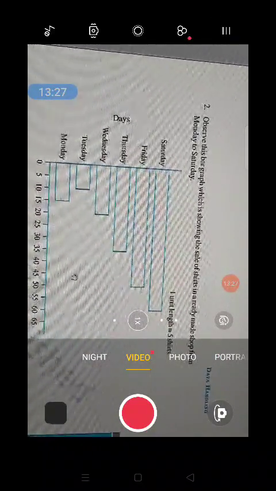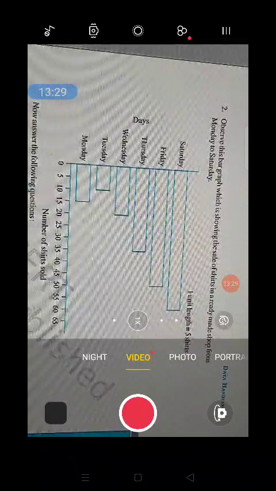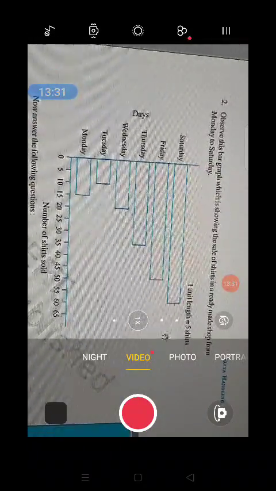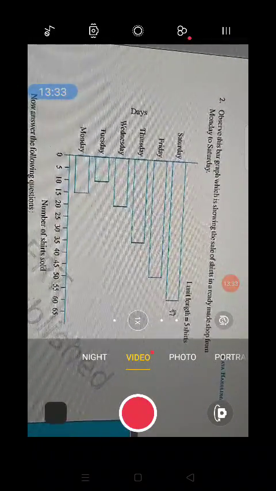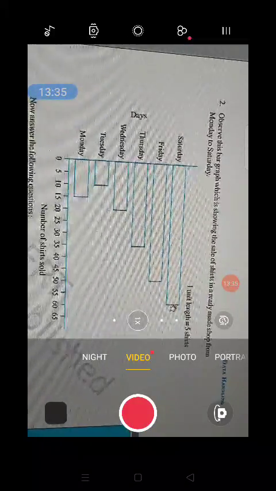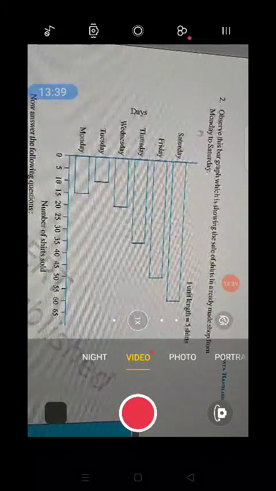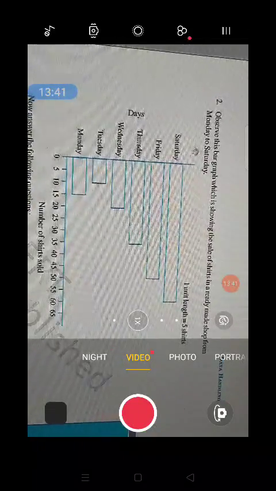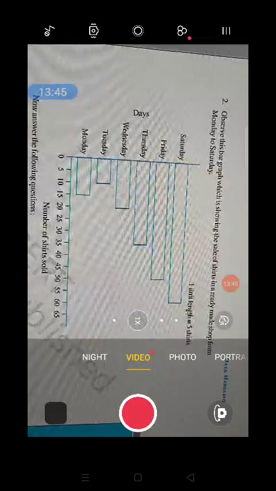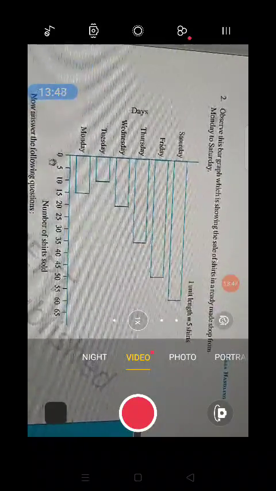We need to first of all see the tallest, longest bar, which we are able to see here on Saturday. Number of shirts sold is on the x-axis and the days are on the y-axis. So 1 unit equals 5 shirts. So here say 5, 10, 15 and so on.